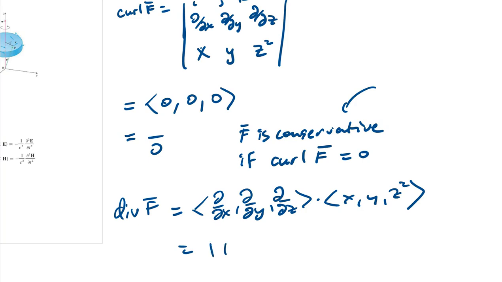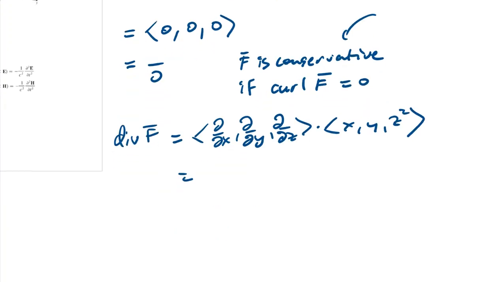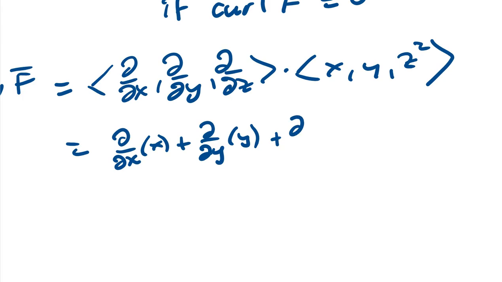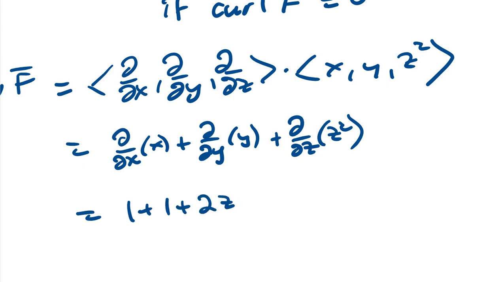What I'm doing here is the partial with respect to x of x, plus the partial with respect to y of y, and then plus the partial with respect to z of z squared. So we get 1 plus 1 plus 2z, like that.